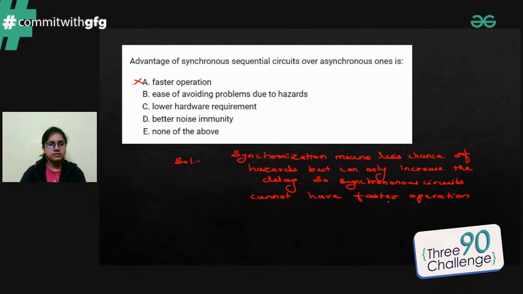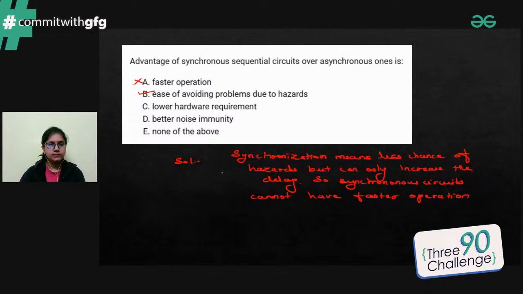As the operations are not faster than asynchronous ones, it is easier to avoid hazards in synchronous circuits. That's why option B is correct. Option C is false because we don't consider how to avoid the hazards in asynchronous circuits.